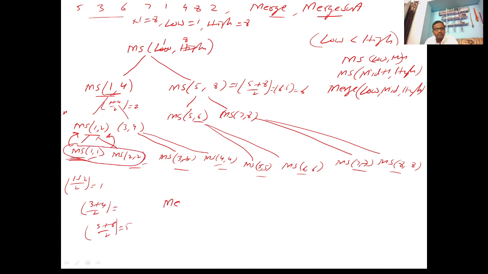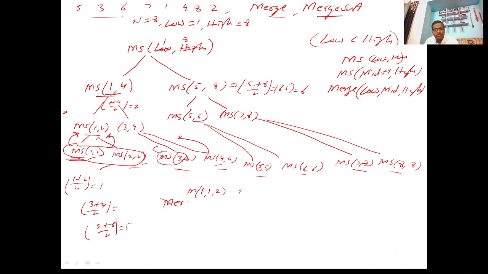And the arguments for the merge, if we just look from the bottom end, from this node, the arguments for the merge are going to be low, then the value of mid is equal to 1, and the value of high is equal to 2. So this will be the first call to merge. Fine. In the same way, this node will return back, this node will return back.